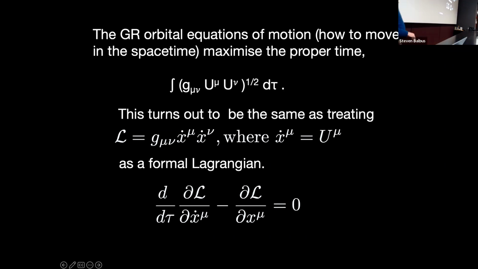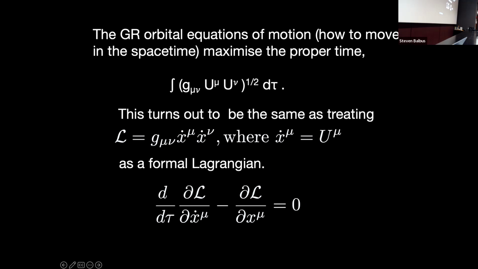And that works always in general relativity, no matter what the space-time geometry is. And it turns out to be kind of nice. You can use this combination here, g mu nu, x dot mu, that's like the 4 velocity, dx mu d tau, x dot nu, and g mu nu, that's the table of your coefficients in your Pythagorean theorem.